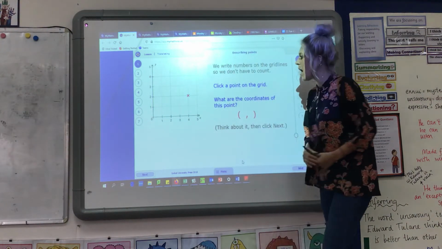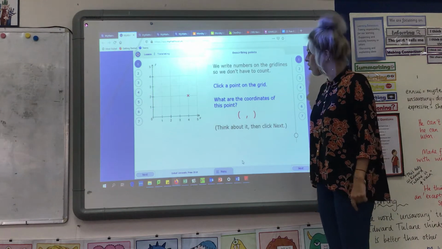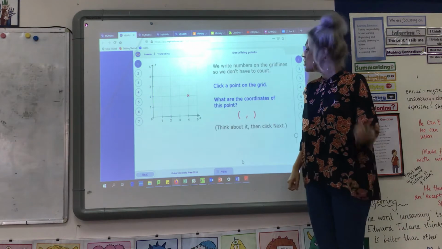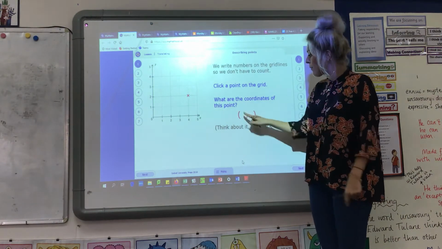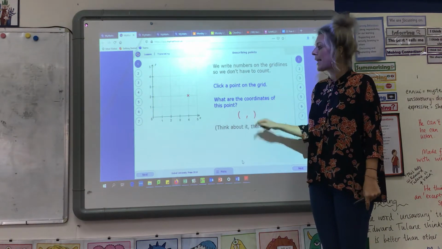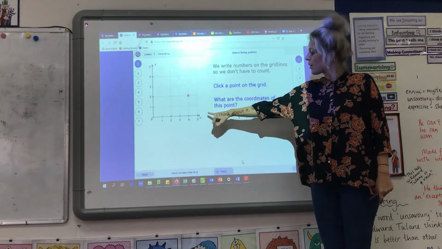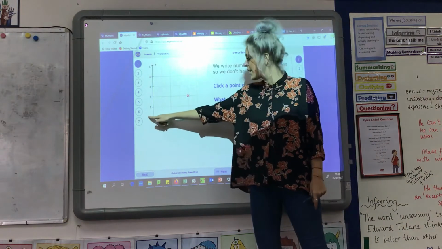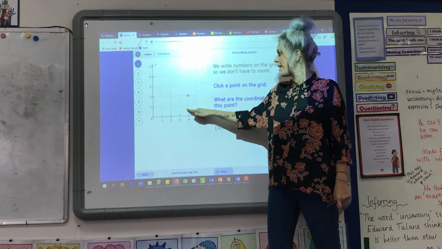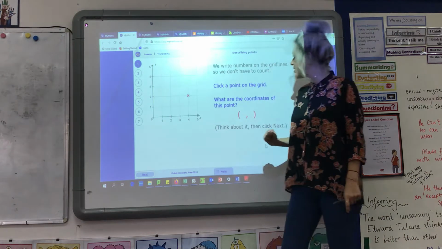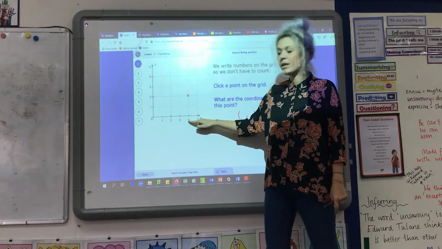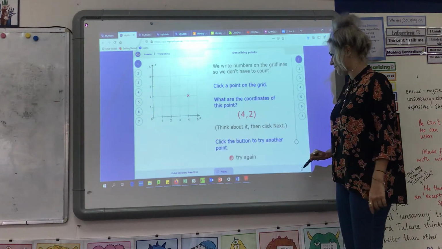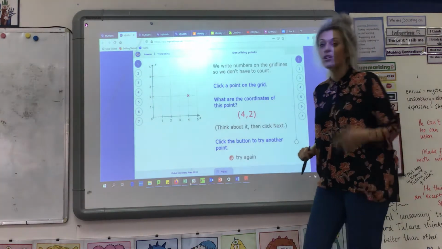When we write the coordinates of a point on the graph in brackets, we always say the coordinate on the x-axis first. So we need to go along the corridor before we can go up the stairs. So the coordinates of this point are 4, 2. Okay, we won't try another one because you did lots of this yesterday.